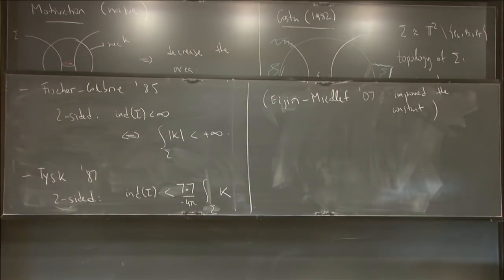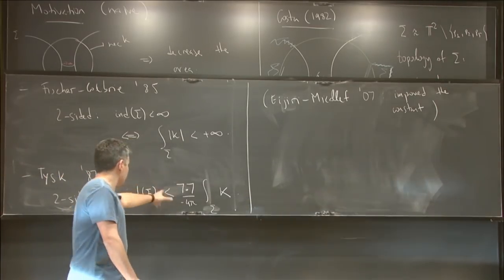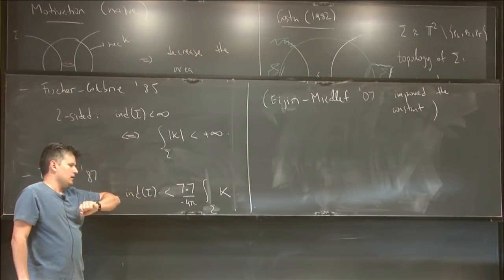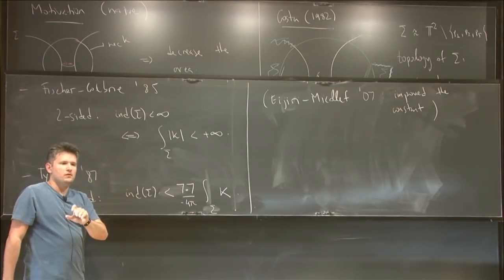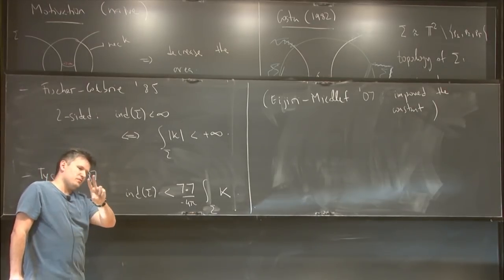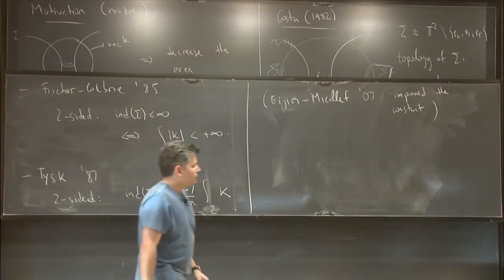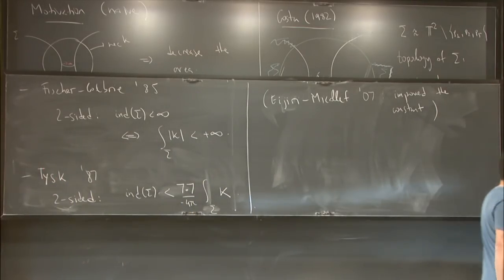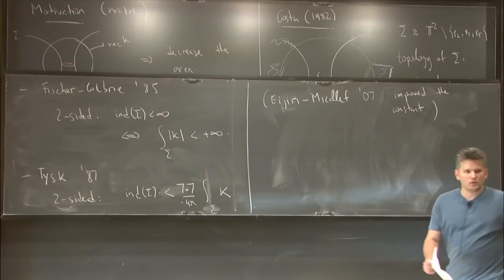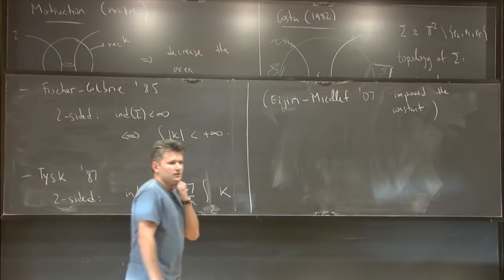The point of that question that I was asking is that somehow this is equivalent to controlling the index from above by the topology. So if you somehow can do the opposite, which is control the index from below, and you use this formula here, then you actually can get that inequality.